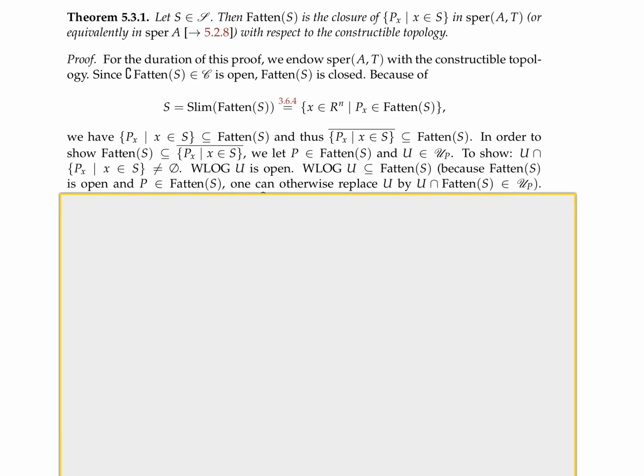Now, U is open in the constructible topology, and the constructible topology is generated by the constructible sets. And so every open set with respect to the constructible topology is a union of finite intersections of constructible sets, but finite intersections of constructible sets are constructible. So in fact, the open sets in the constructible topology are just the unions of constructible sets, right?